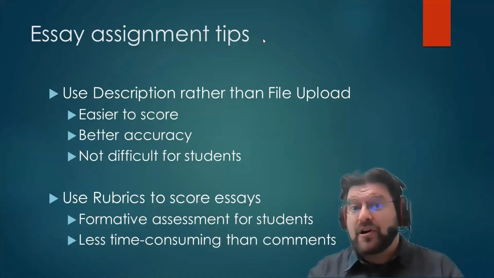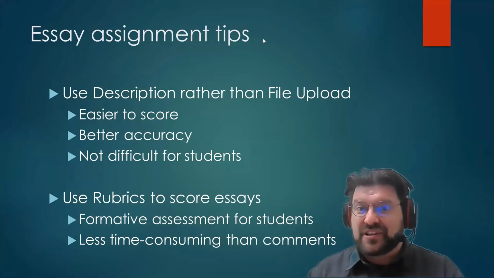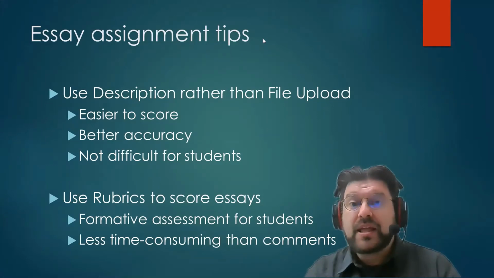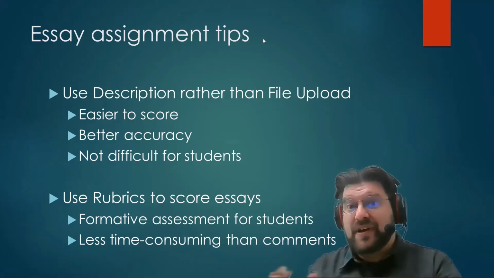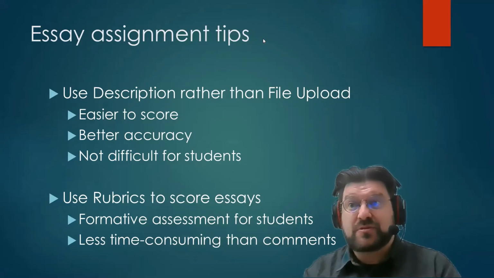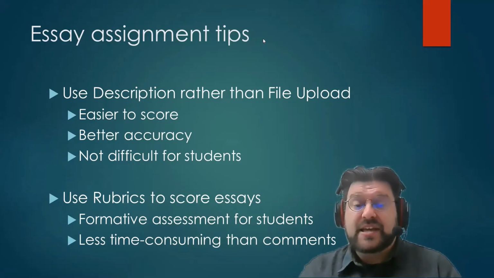But the next part is something that can really help your students educationally. A rubric is a type of score sheet where every point value has its own description of what students do to get those points. But scoring something like this is not very time consuming for two reasons.